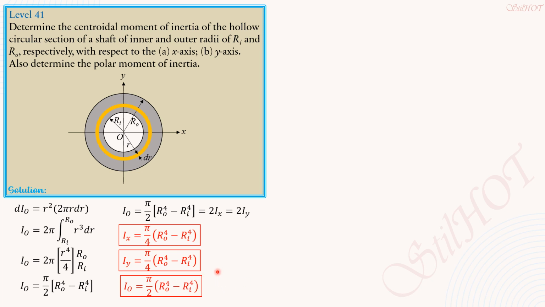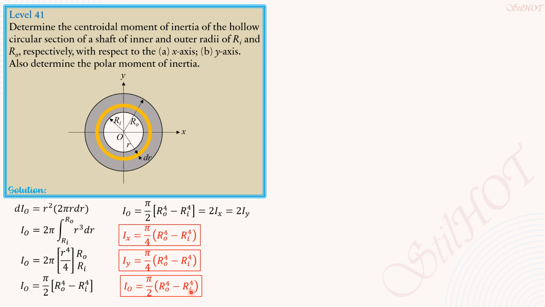Now, in mechanics of materials, most often the moment of inertia, especially the polar moment of inertia, is expressed in terms of the diameter. So if expressed in terms of the diameter, if the outer diameter is capital D and the inner diameter is small d, you just replace R sub O by capital D over 2 and R sub I by small d over 2.